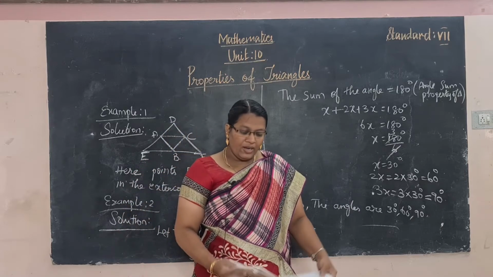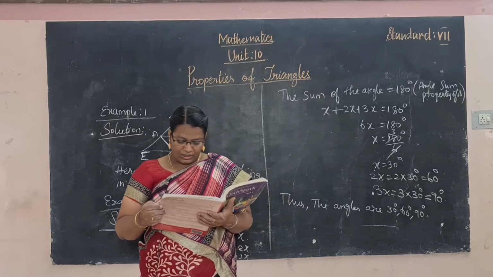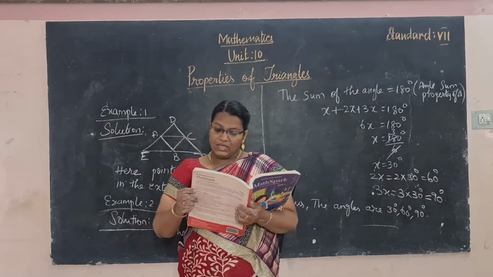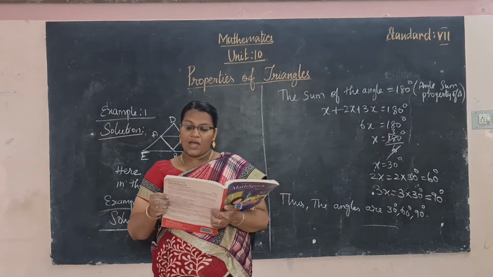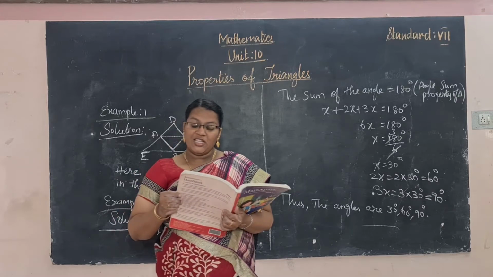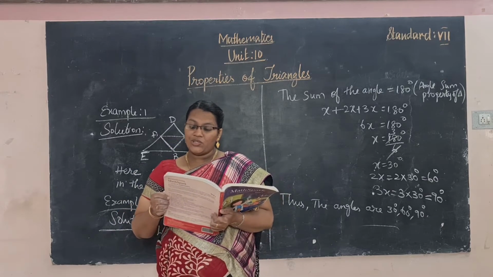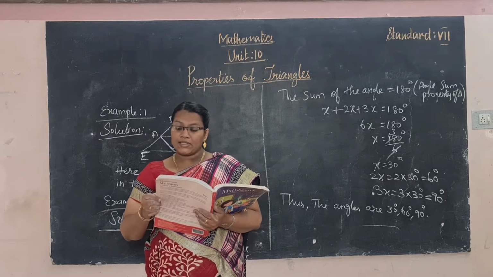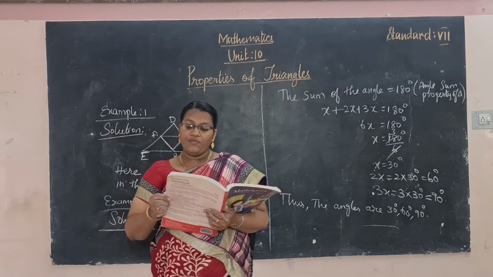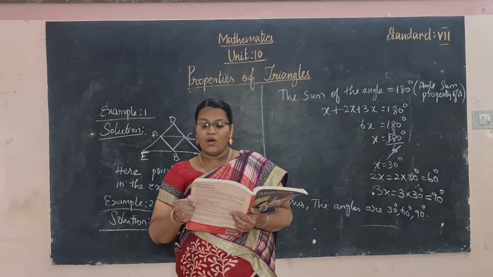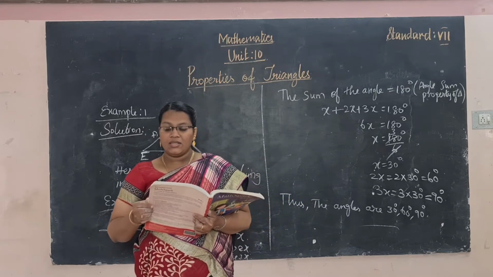Example 3. Find x if the angles of the triangle have the measures x plus 40 degrees, 2x plus 20 degrees and 3x. Also say which type of triangle this is.